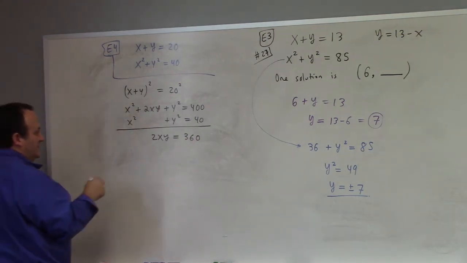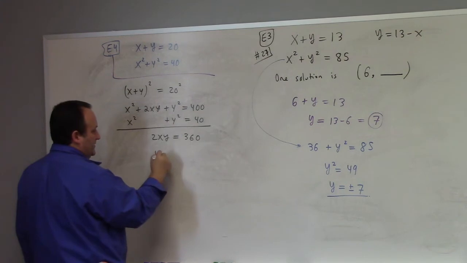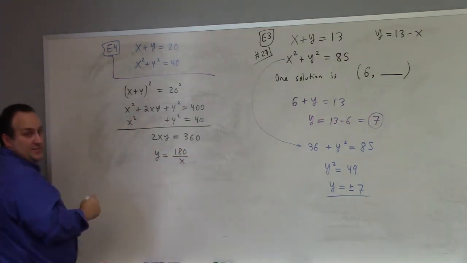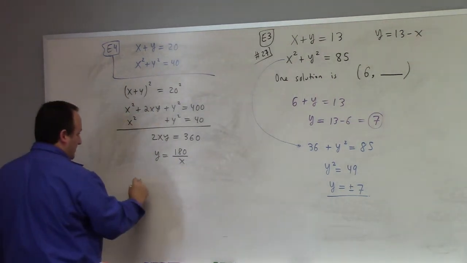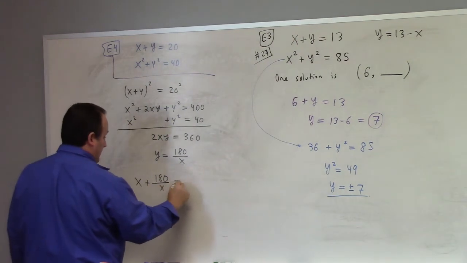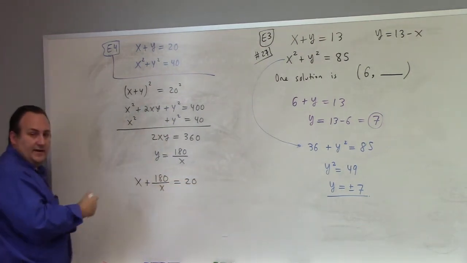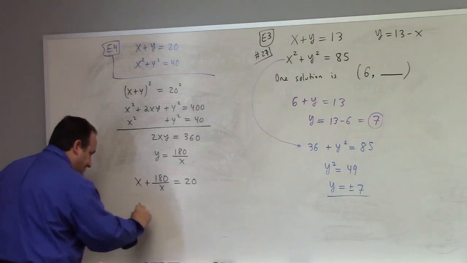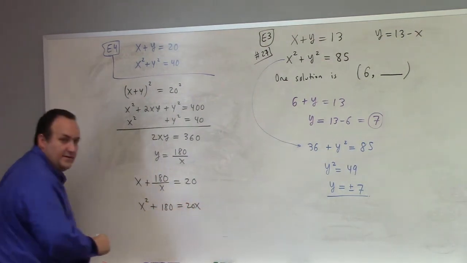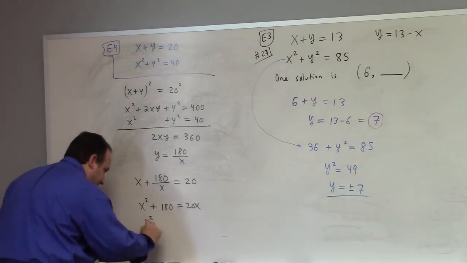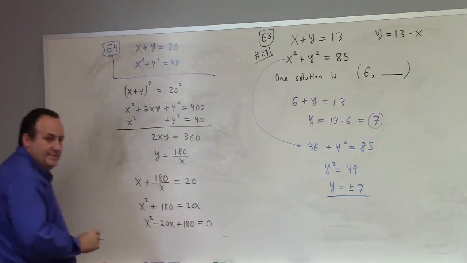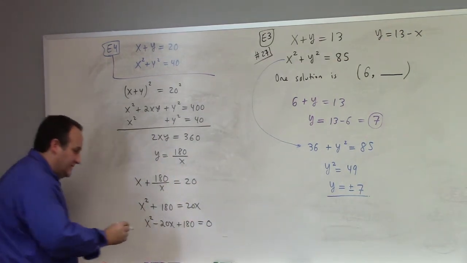And then that would give me y is equal to 180 over x, right? And then I can plug that into the x plus y equation, and then multiply that by x. Then I can rewrite that, and then I can complete the square.